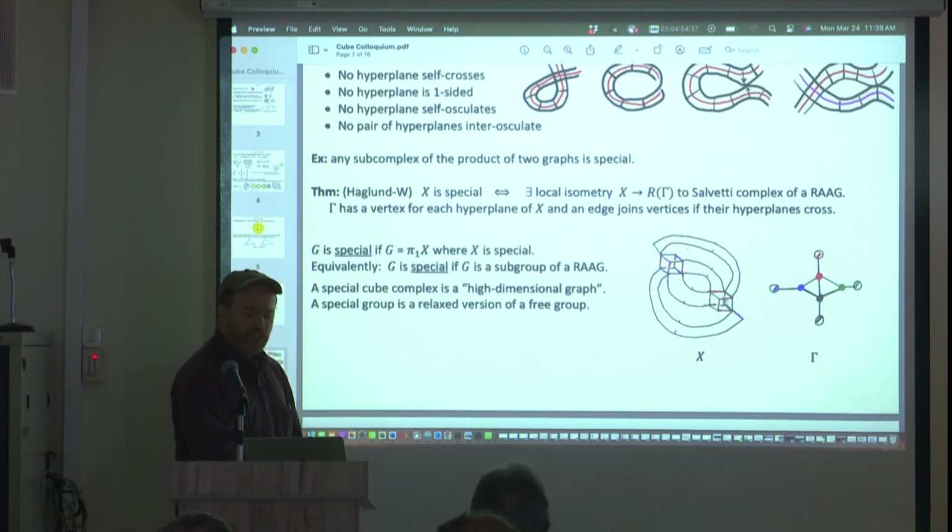And the relationship between them is very natural. I'll spill the beans and tell you: the vertices of this graph are in one-to-one correspondence with the hyperplanes of your cube complex, and two vertices are adjacent if the hyperplanes cross. That's it. And the map turns out to be very natural.